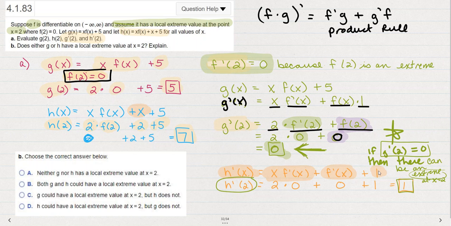When we replace the x with 2, we get 0 plus 1, which is 1. So again, if there is an extreme on h, we know it cannot happen at 2. So g could have an extreme at x equals 2, but h, because the derivative isn't 0, it's 1, does not. So the answer to part B is C. g could have a local extreme at x equals 2, but h does not.